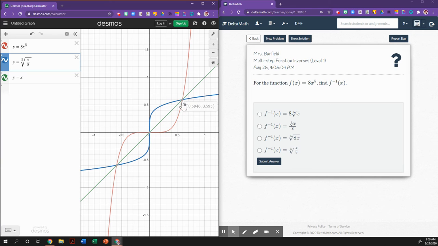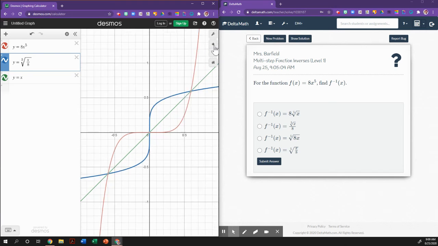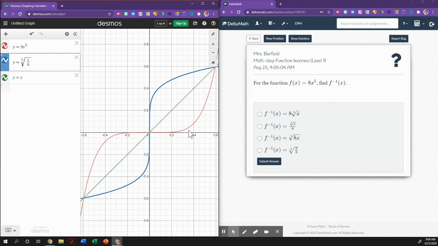My red function was flipped over this line y equals x to create this blue function. That's what it looks like visually, and if I zoom in, that's what it would look like closer.